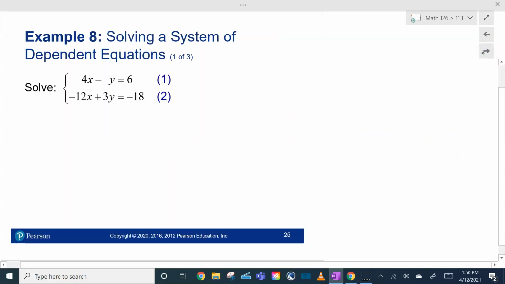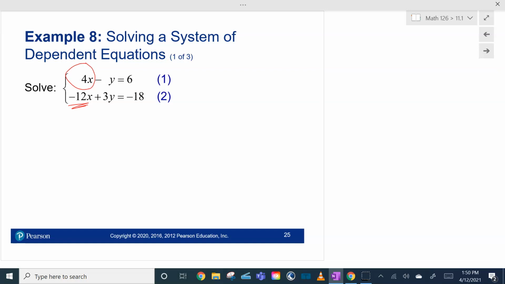All right, so let's go ahead and do this one here. Now we got 4x minus y equals 6, and let me think about this. Let me eliminate the x's. Okay, so notice this is negative 12x. I want this to be positive 12x, opposite sign but the same number, right?